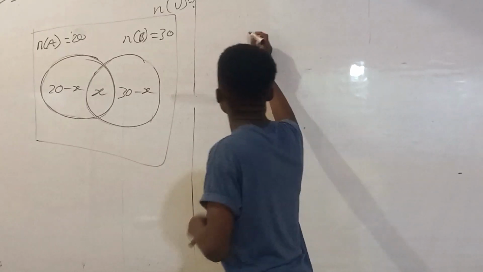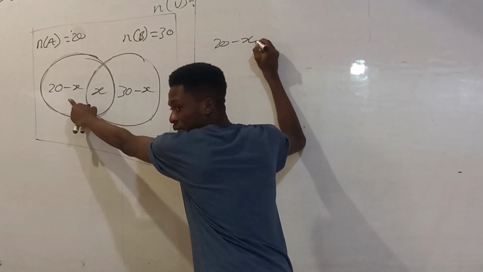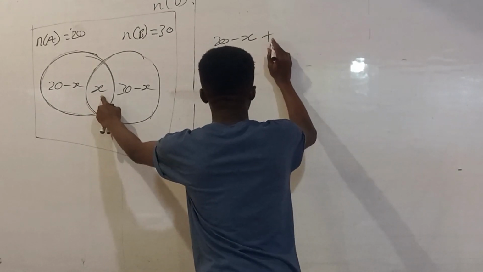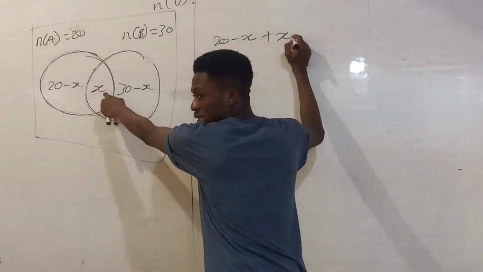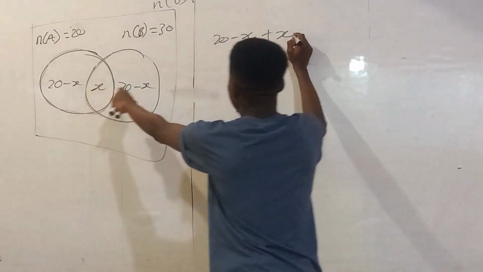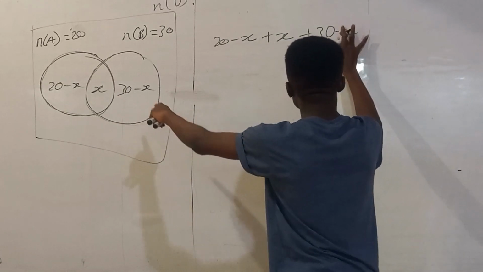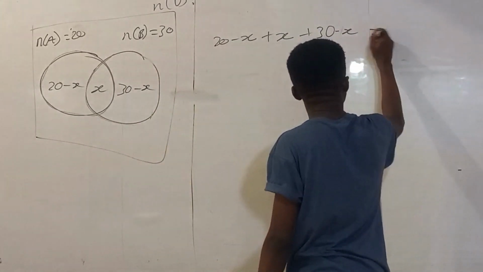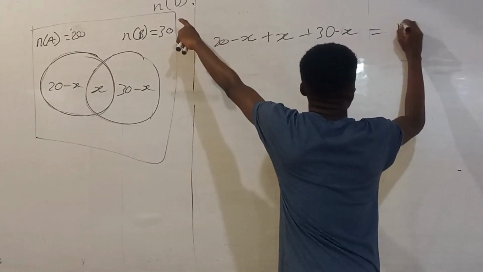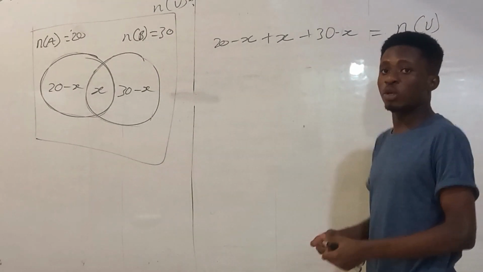So for instance, 20 minus x, which is only Akan, plus the intersection, the two courses, plus 30 minus x, which is only biology, should be equal to what? The universal set. So this is a formula we use.